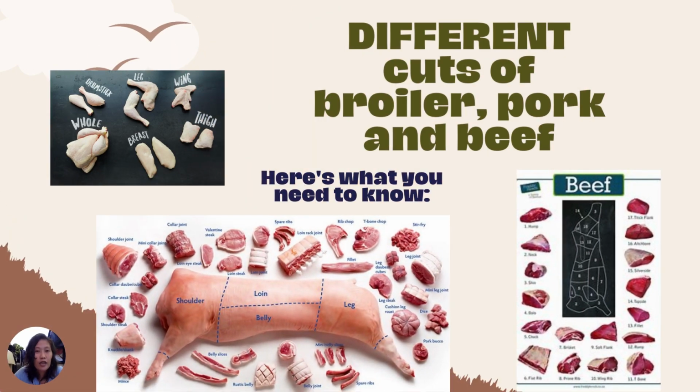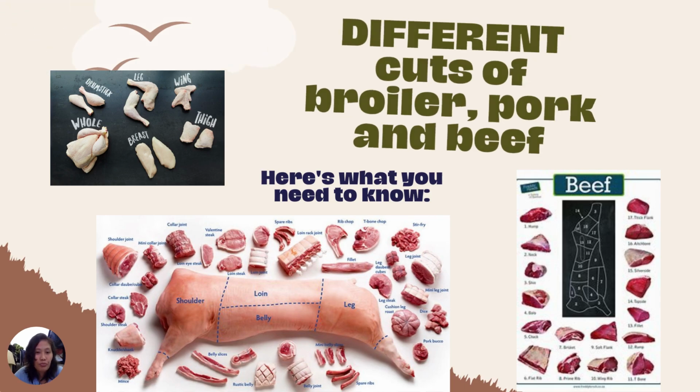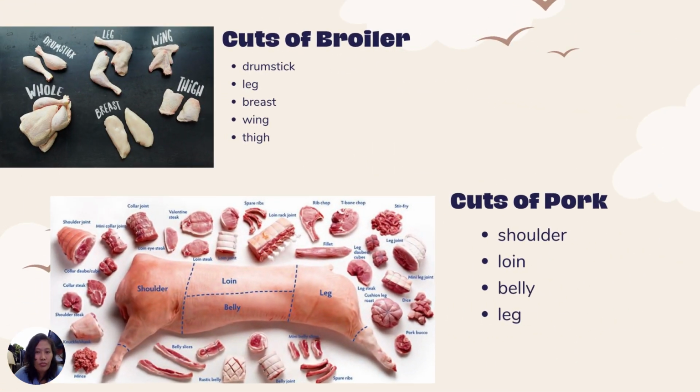Next is the different cuts of broiler, pork, and beef. So here's what we need to know. The cuts of broiler, as a whole chicken, we can see the drumstick, the leg, the breast, the wing, the thigh.